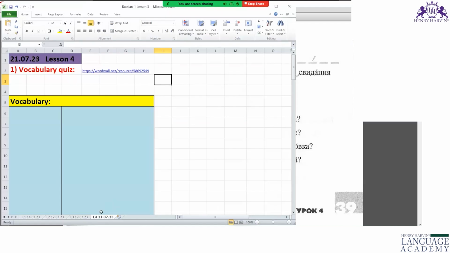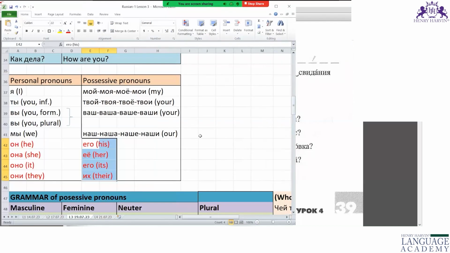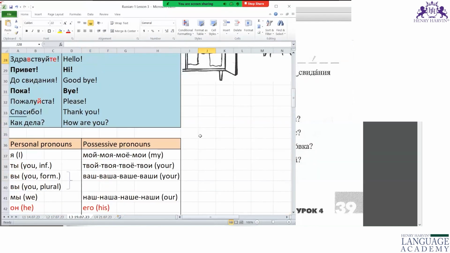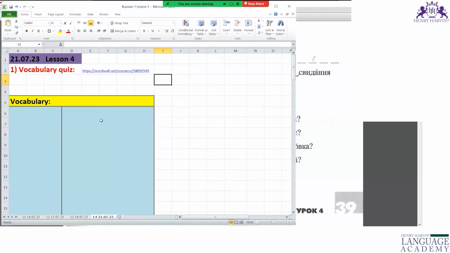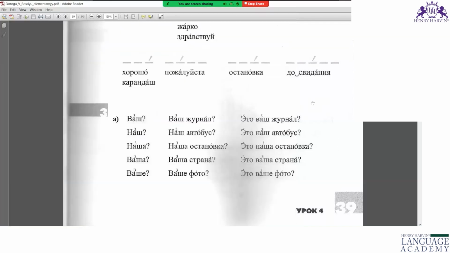Informal was пока. We had a dialogue and I said it doesn't sound very natural to me, because two friends would not say до свидания. They would say здравствуйте, formal hello. До свидания, formal goodbye. Привет is hi. Пока is bye. Informal, right?